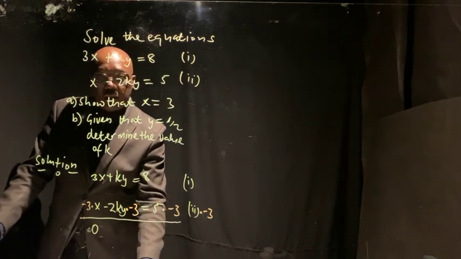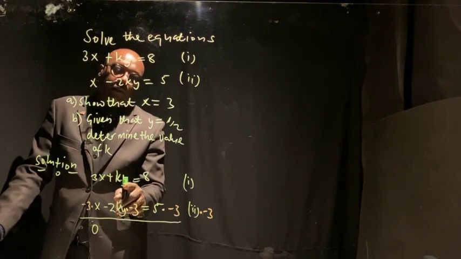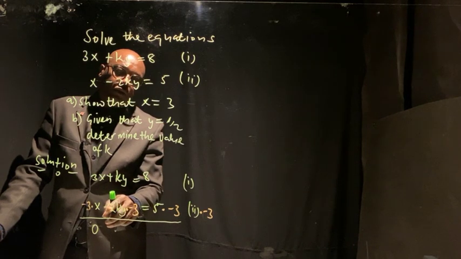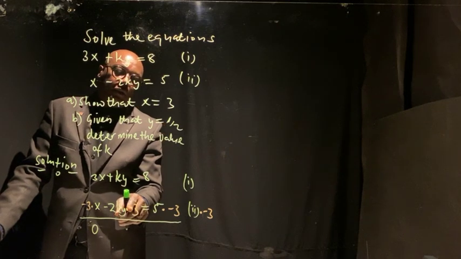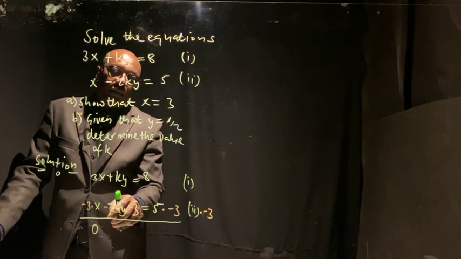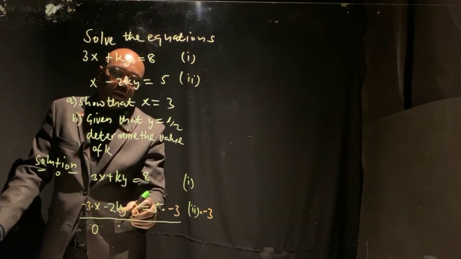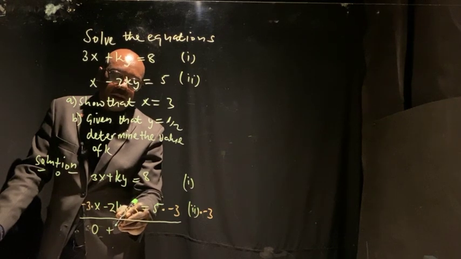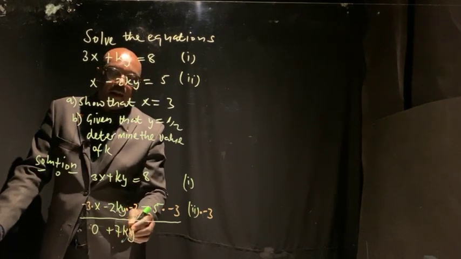In that case, you see that we have ky. In the first place, let us multiply minus ky by minus 3. Minus ky times minus 3 equals plus 3ky. Adding, plus 6ky plus ky will give us 7ky. Why?